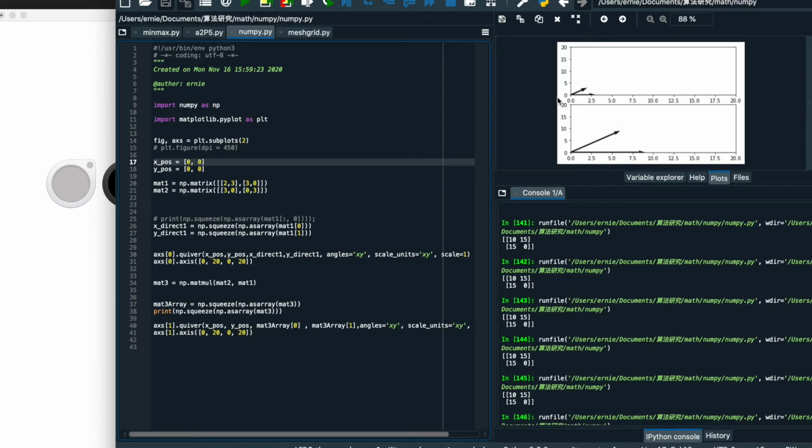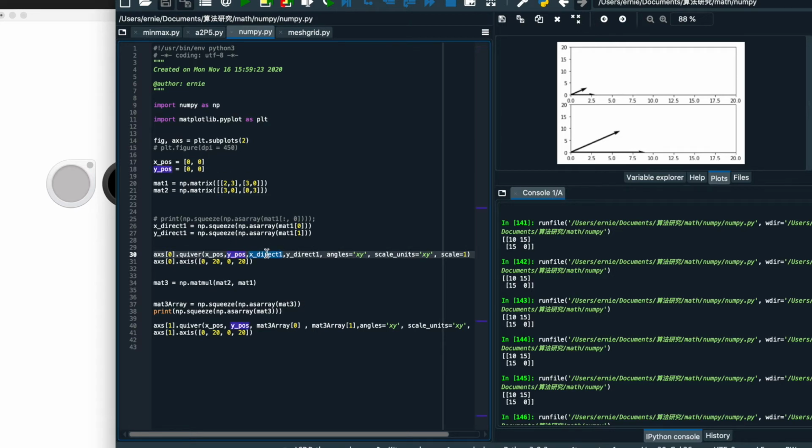For example, my first vector here has its starting point at 0, and the second vector's starting point on the x-axis is also 0. That's why I have 2 values here.